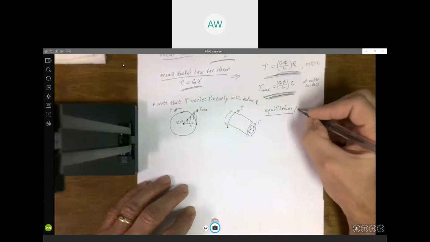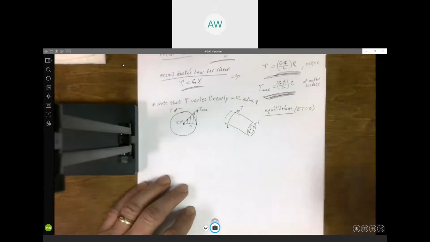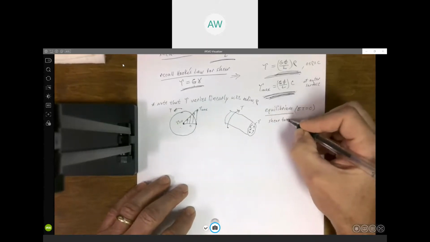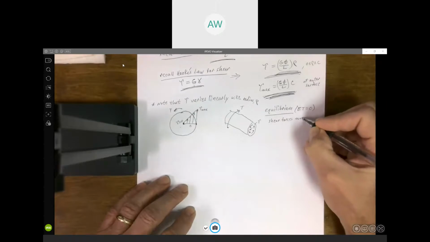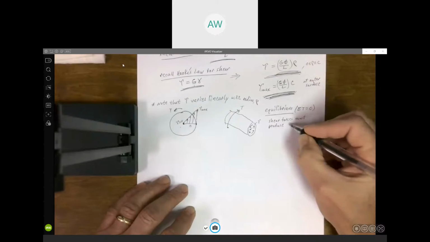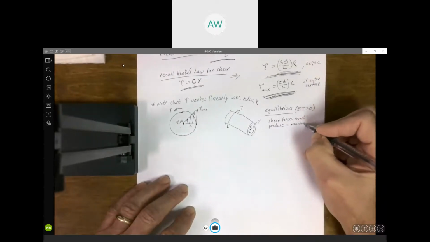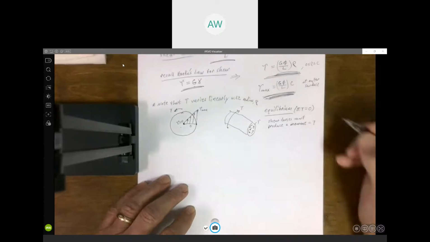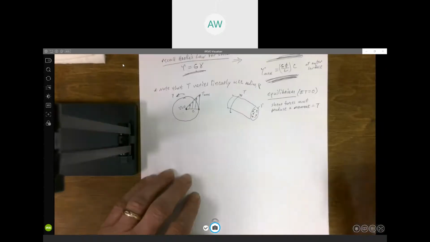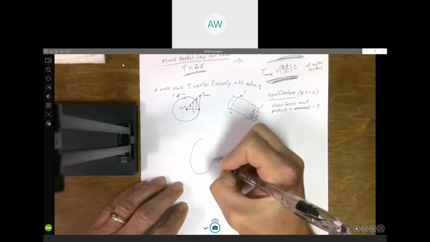Equilibrium says the sum of the moments equals zero. So the shear forces must produce a moment equal to whatever torque is applied. All right, so I'm going to draw a bigger picture so we can see this a little clearer.